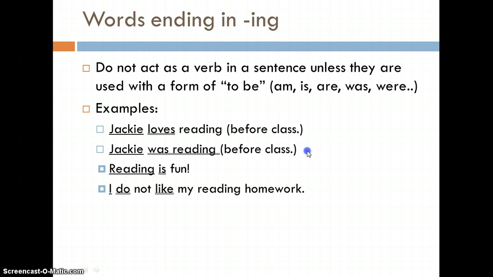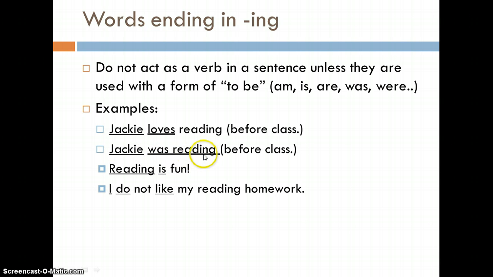Here's another example. Jackie was reading before class. So again, before class is our prepositional phrase. Then we want to identify our verb. What is the action here? Now in this case, we have was reading.